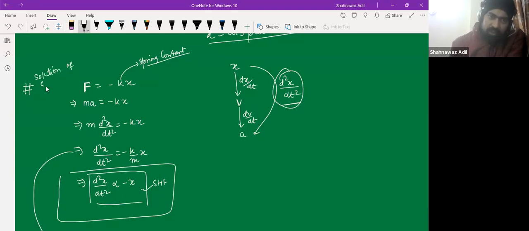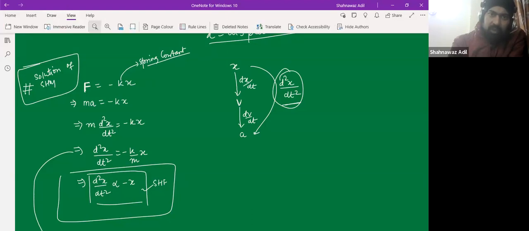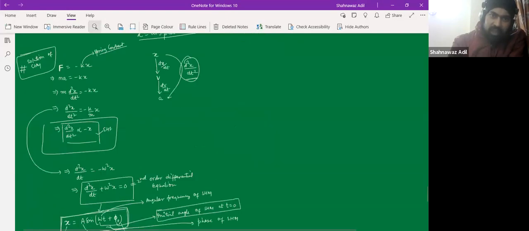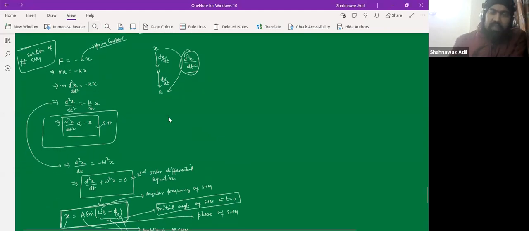Quickly note it down, and then we will talk about the mean position and extreme position. And after that, we'll talk about velocity, acceleration, kinetic energy, potential energy, total energy. All those things we will calculate.